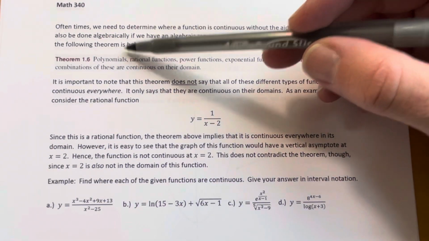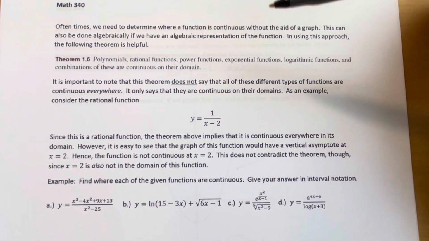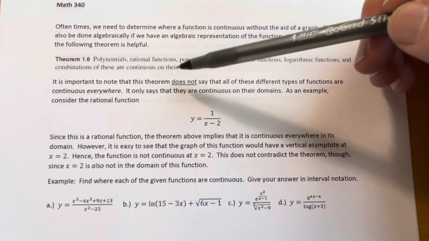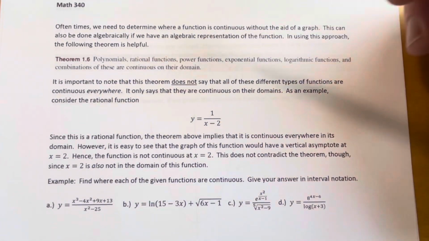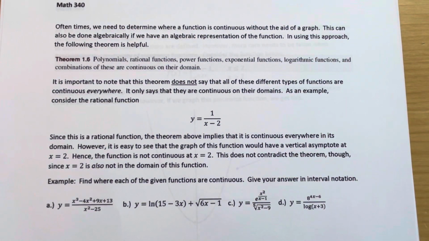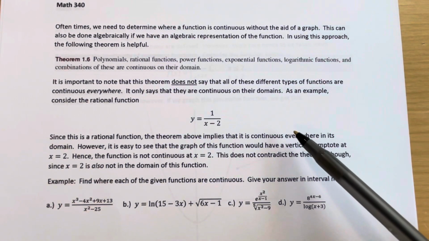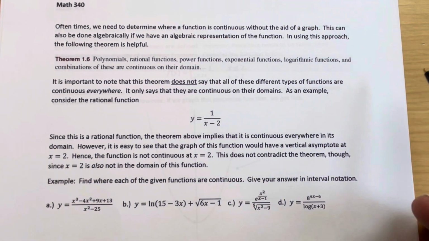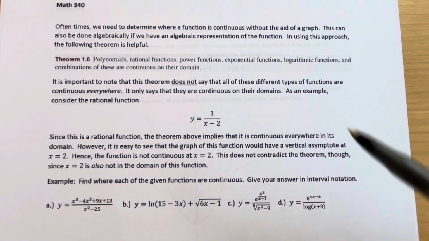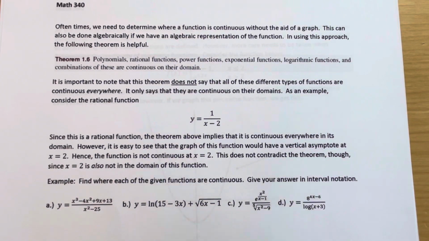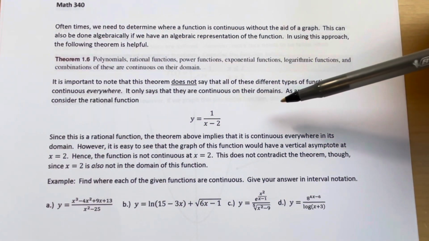So it says that polynomials, rational functions, power functions, exponential functions, logarithmic functions, and any combination of these are always continuous on their domain. When we say combinations of these, what we mean is when you take functions of any one of these types and you combine them by adding, subtracting, multiplying, dividing, composing as functions, raising one function to another function as an exponent, any way that you can operate on functions to combine them together, the result will also always be continuous on its domain, okay?